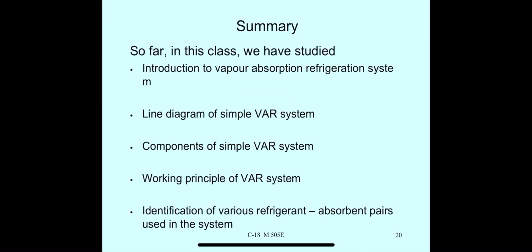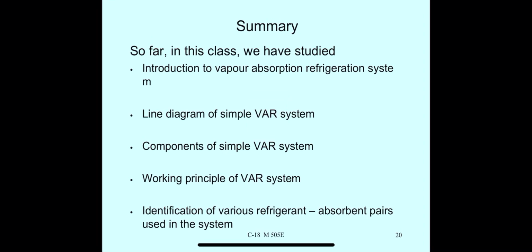If you see the working principle of the vapor absorption system and the vapor compression refrigeration system, there is a difference. In the vapor compression refrigeration system we use the compressor, condenser, expansion valve and evaporator.